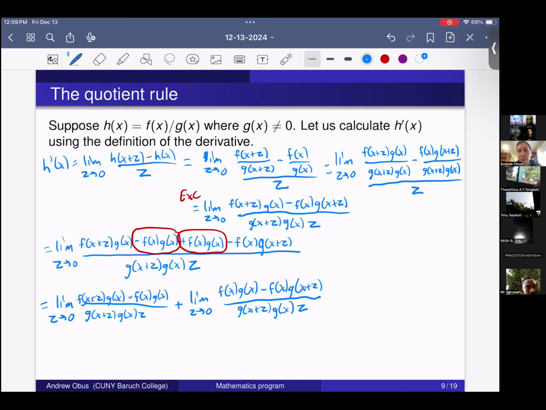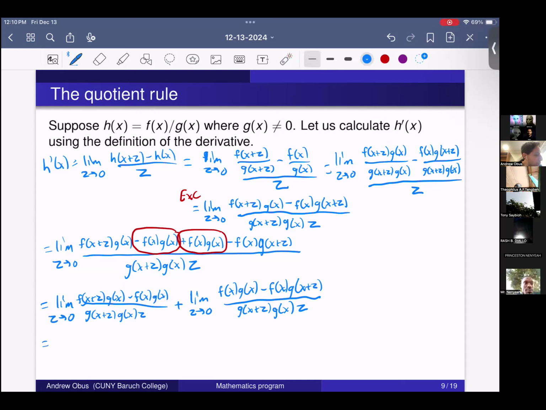So bear with me now, we're almost done. All right, so here I have a common factor, g of x. And here I have a common factor, f of x. In both of those cases, I can just pull that factor out of the limit because there's no z involved, right? It's just g of x, and this is a limit only as z goes to 0. So if I have something in terms of x, I can just pull it out.